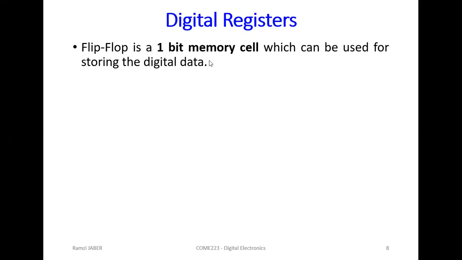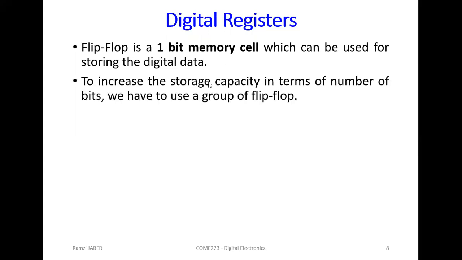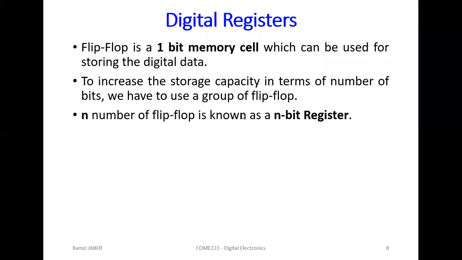Inside the memory, we have something called flip-flops. In this course we will not talk about them, just a definition. To increase the storage capacity in terms of number of bits, we have to use a group of flip-flops. Each flip-flop has 1 bit. If I want 16 bits, I need 16 flip-flops.